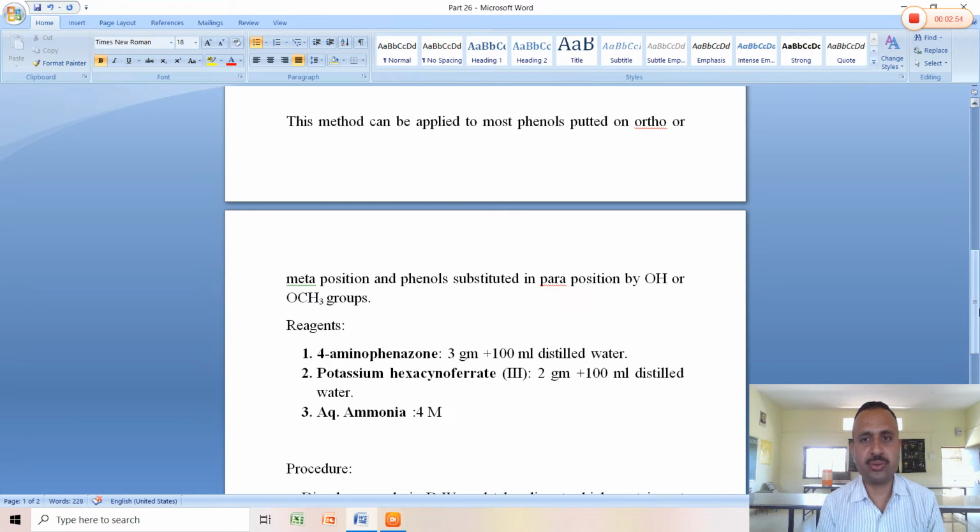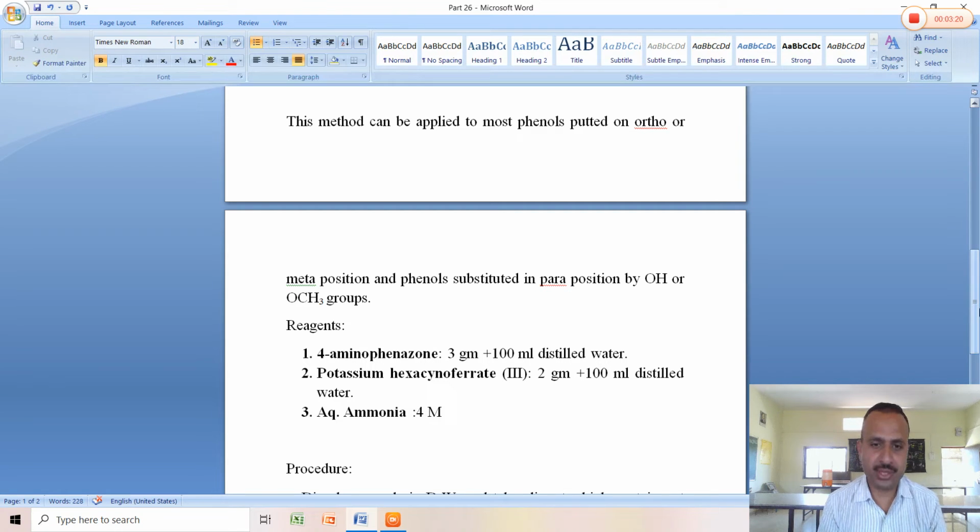So the OH group should be attached at the ortho or meta position so that we can measure the concentration of phenols. Along with that, phenols substituted in the para position by alkyl, alcoholic or methoxy groups can also be determined.